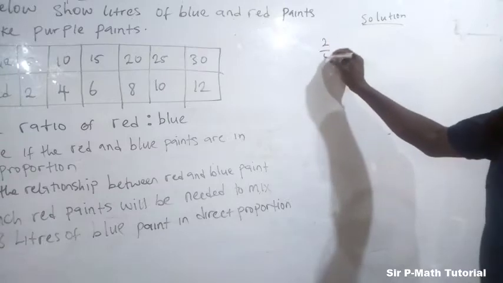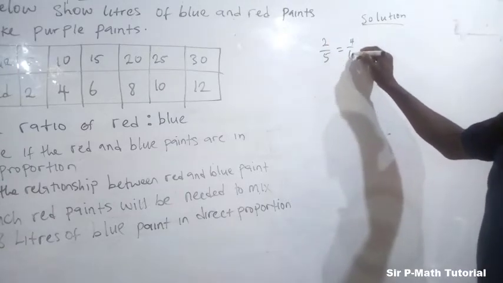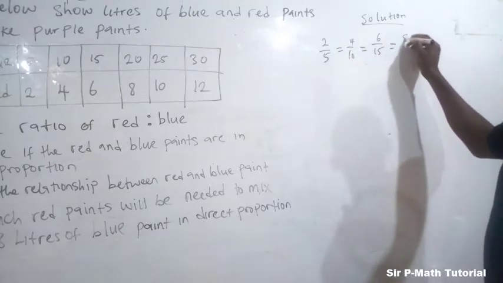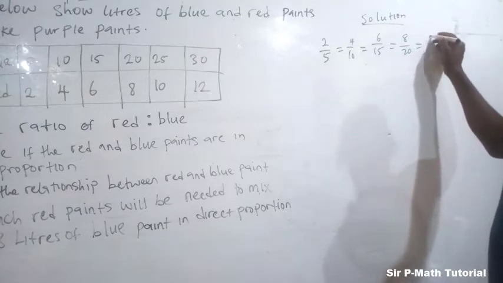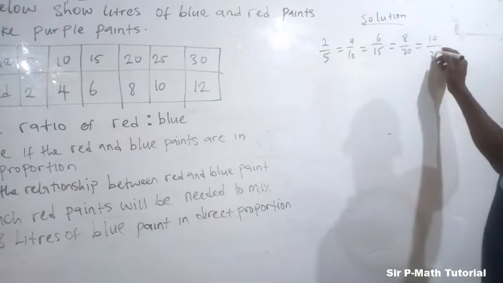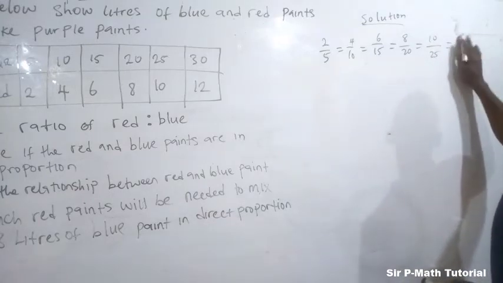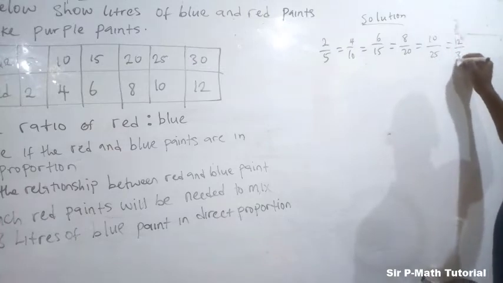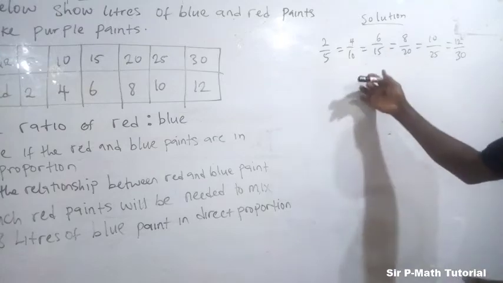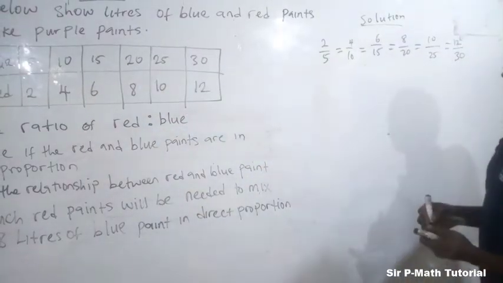So I'll simply say 2/5 should be equal to 4/10, which should be equal to 6/15, equal to 8/20, equal to 10/25, equal to 12/30.